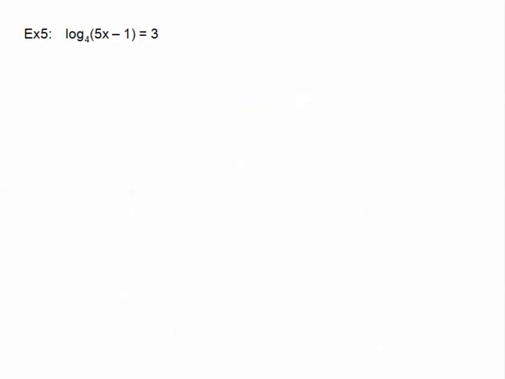Except here in example 5, something's a little bit different. We have a logarithm, but it's not equal to another logarithm. So we cannot use the property of equality for logarithms because we don't have a logarithm on this side. This is a type of logarithmic equation that we would simply convert into exponential form. Remember, when we have a logarithm that's equal to a number, this number represents an exponent.